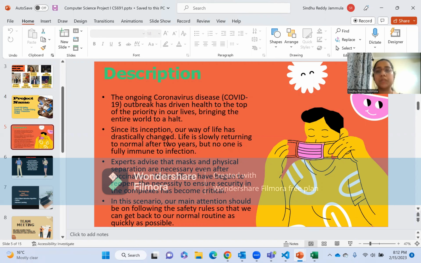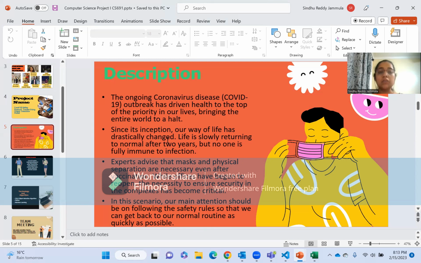So it is always better to practice the safety protocols, and through this software we are going to help individuals and also hospital management systems and restaurant management people, or any areas where there is a rush of people and more chances of getting infected. In those areas they can use our software, and they can measure the risk of being infected by COVID-19.